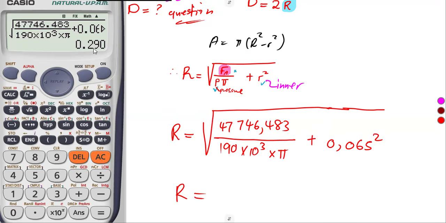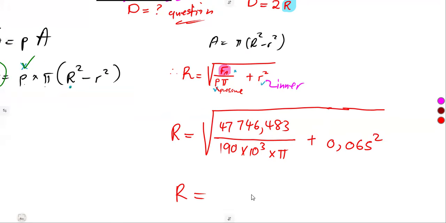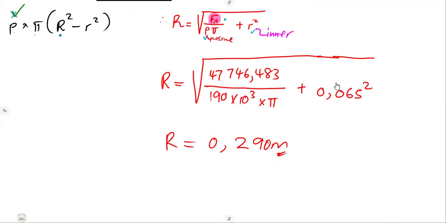To 3 decimal places, our calculator is already fixed to 3 decimal places. So that's 0.290, in meters. So that 0, guys, we can even ignore it. No problem. So this is our radius in meters. We can even convert back to millimeters as we were given these values in millimeters, or you can just leave your answer in meters as it is.